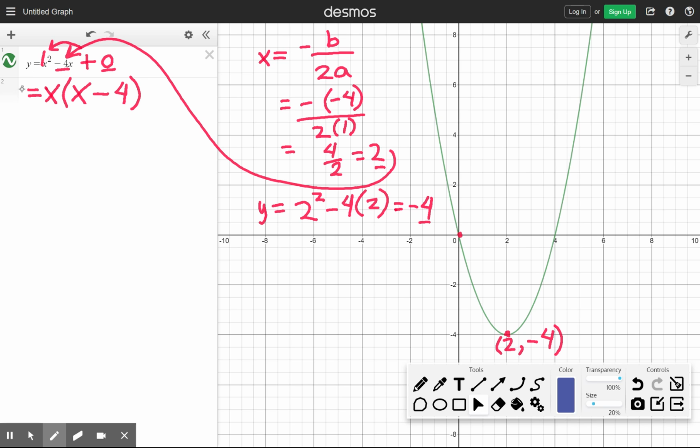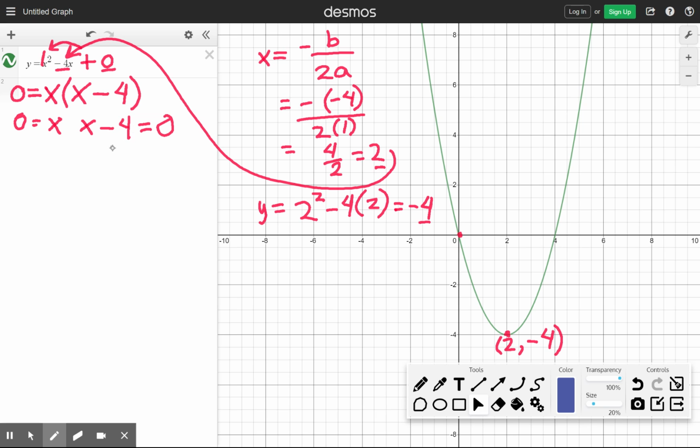But I want to know where the x-intercepts are. And the x-intercepts are where y is equal to 0. So we'll set that equal to 0, and then you can solve by setting each factor equal to 0. So x is equal to 0, or x minus 4 is equal to 0.